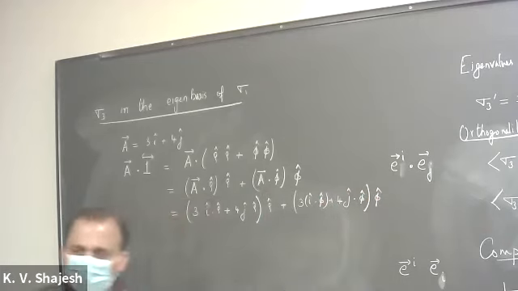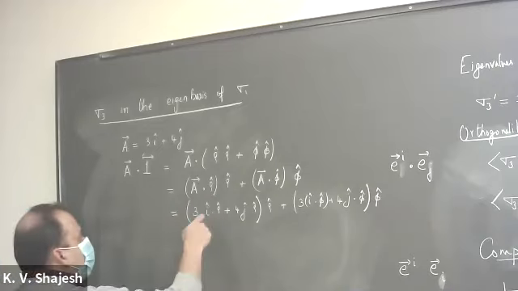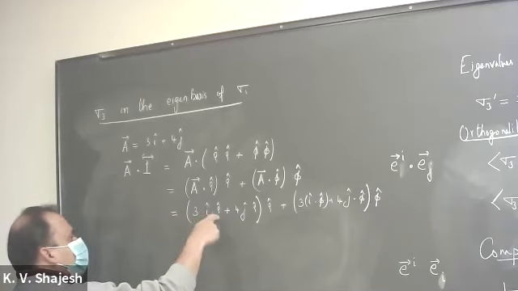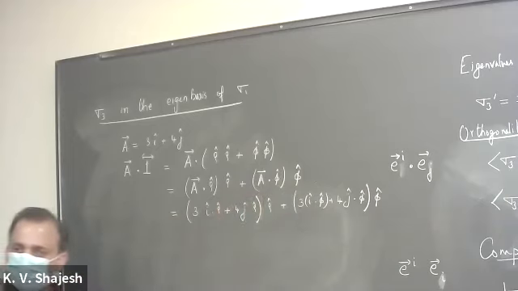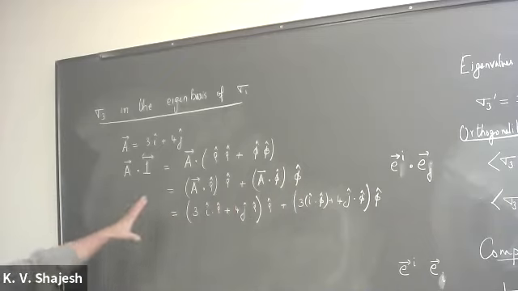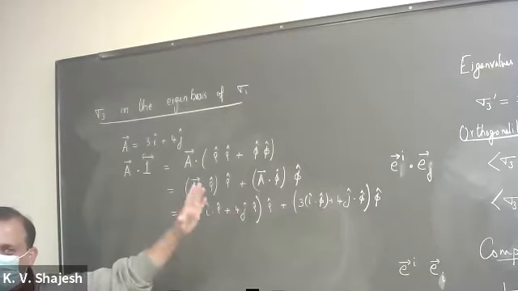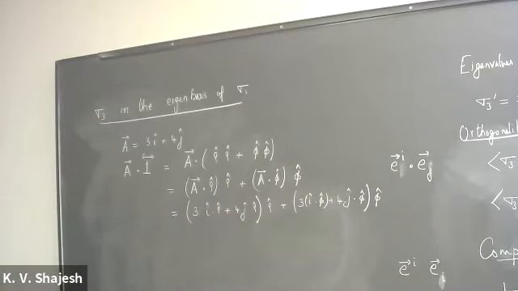Is that clear? And typically we know that i hat with rho hat is cosine theta, this is sine theta, this is cosine theta, sine theta, and so on. That's the breakup. But this is good enough. So at least as a concept, it should be very clear.